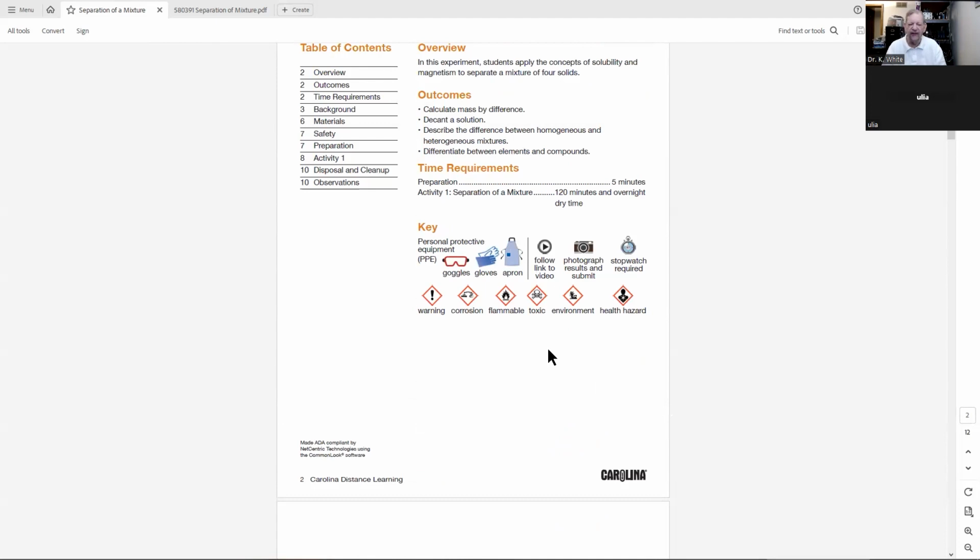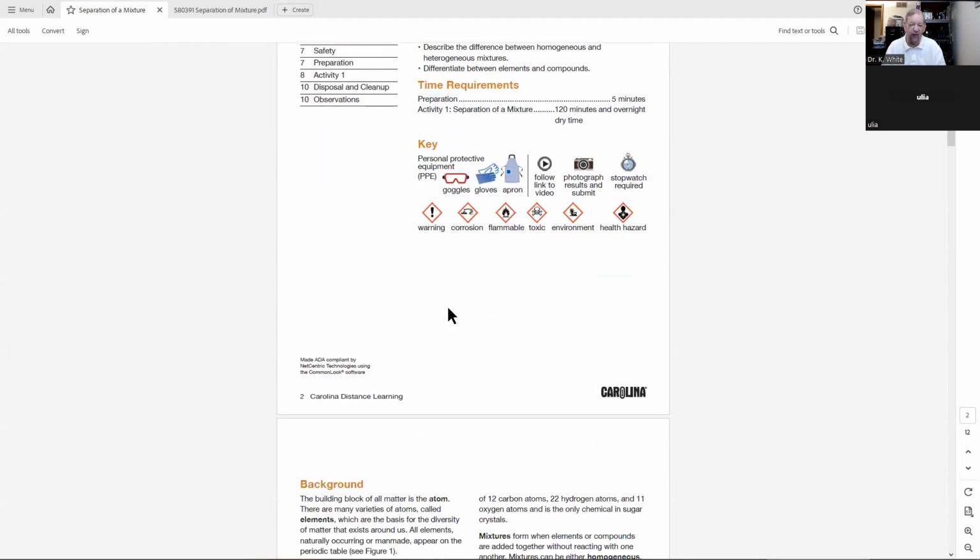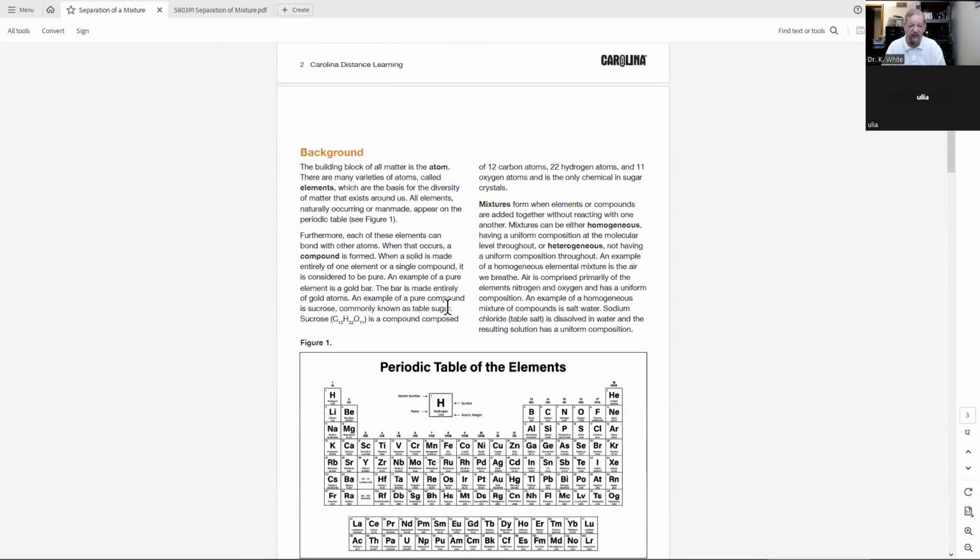Don't forget, in all labs, you should wear your goggles, your gloves, and if you want, an apron. And I would highly recommend, like I always do, an inexpensive aluminum pan. Now, here they talk about atoms, elements, and all that. Now, let's talk about mixtures.